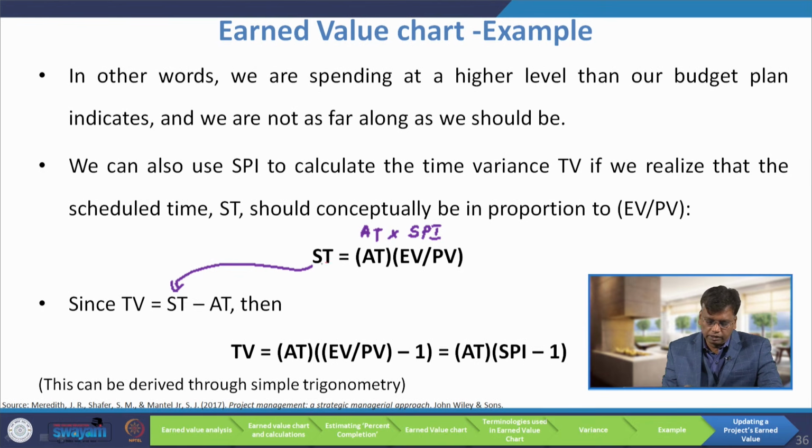We know time variance is equal to ST minus AT, so instead of scheduled time you can substitute this. You will get AT times (EV upon PV minus 1), in a whole bracket. When you simplify that, it will be AT times (schedule performance index minus 1).